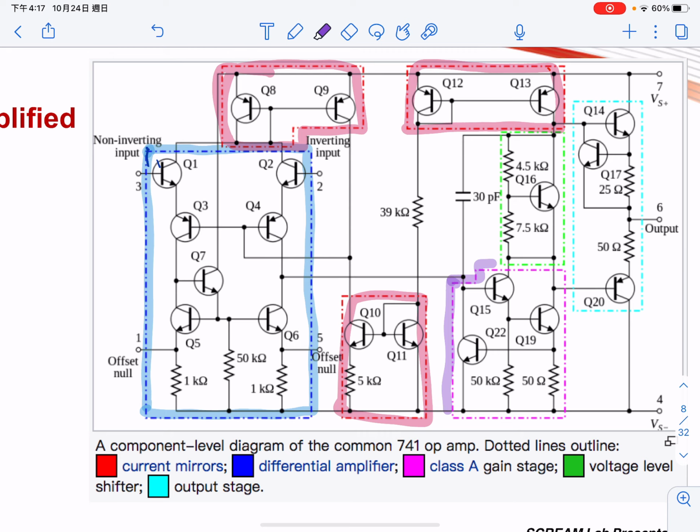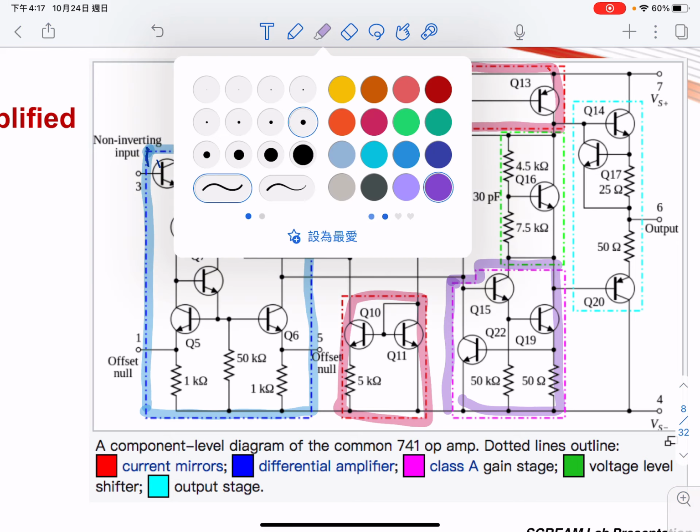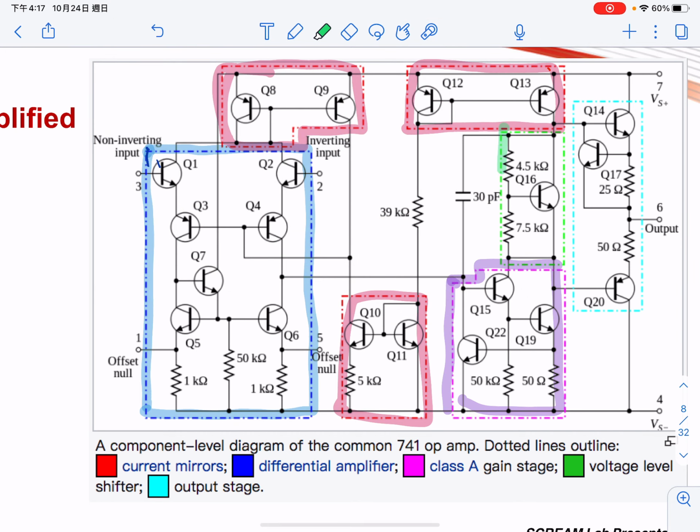The gain stage here is very similar to a common emitter amplifier, and then we have a level shifter. This level shifter is used to shift the signal level and also maintain the bias of the output stage.